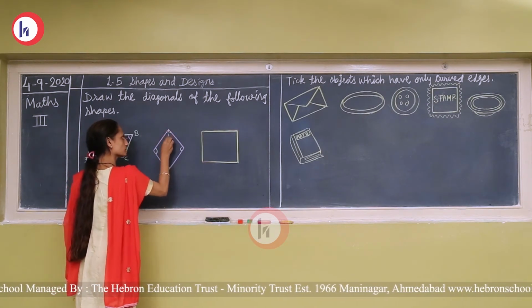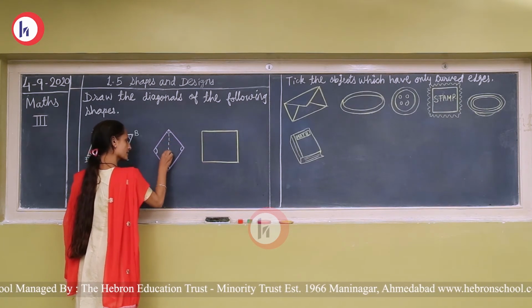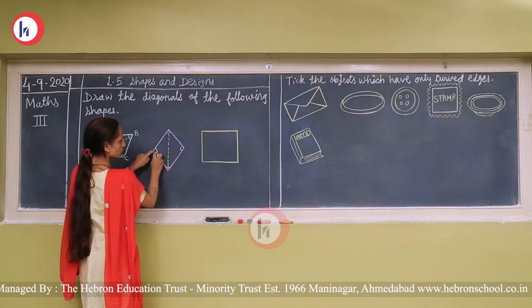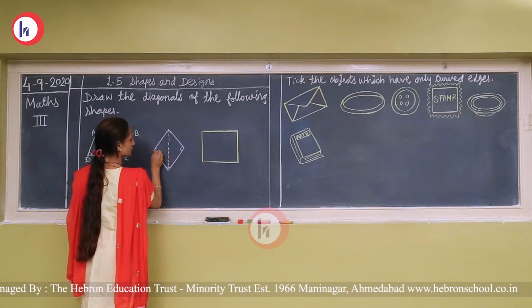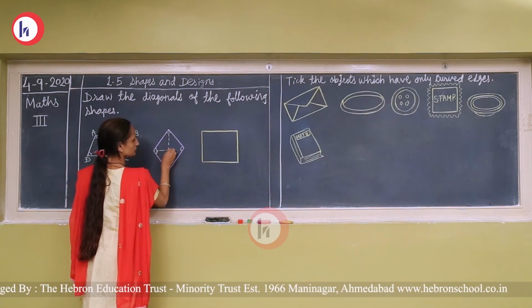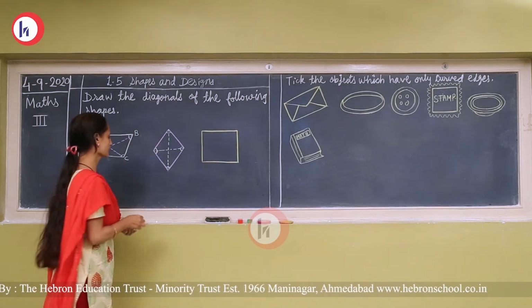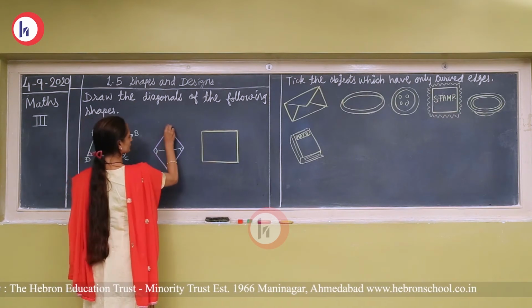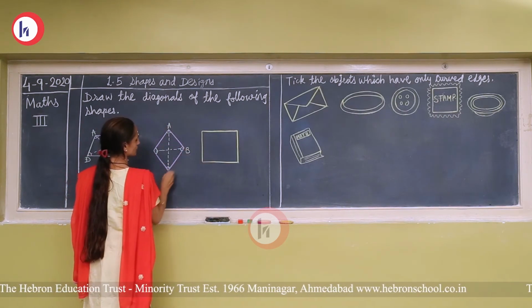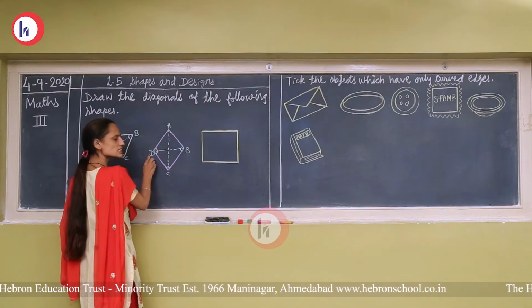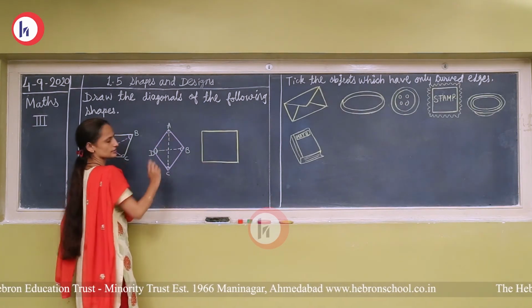So draw the dotted line. And for this corner, start from this corner. This is called a diagonal. And we will give them a name, A, B, C, D. So AC and BD are diagonals.